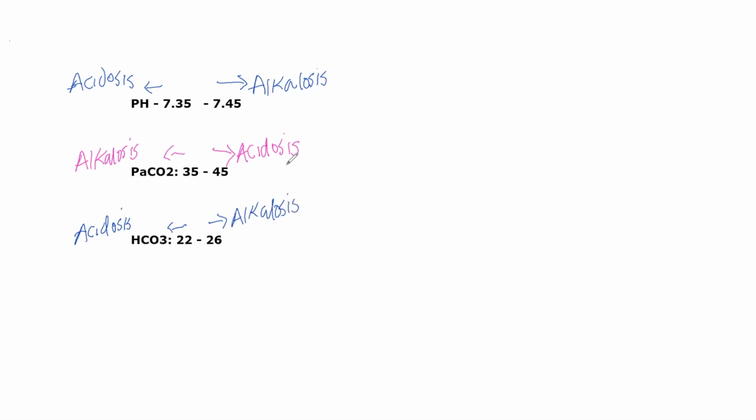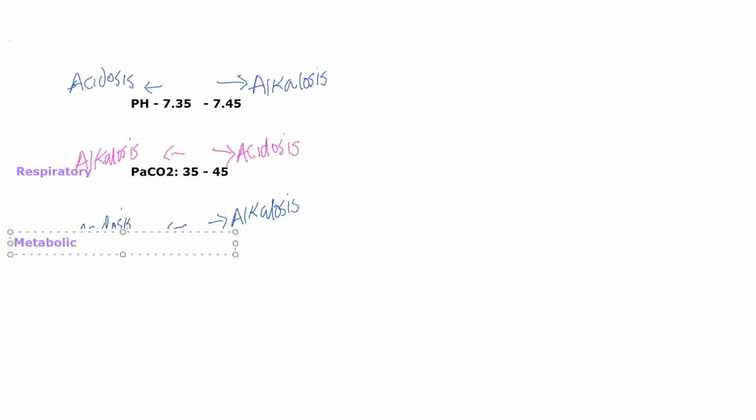Another factor you want to keep in mind is that your pH is telling you about your acid-base imbalance, so it is our primary factor. But your PaCO2 represents your respiratory, so your lungs, and your HCO3 represents your metabolic, so your kidneys.